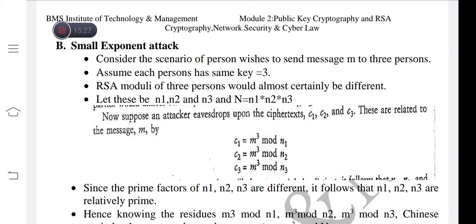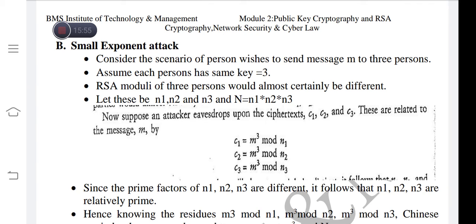If we consider the Chinese remainder theorem, now let us suppose an attacker eavesdrops upon the ciphertext. I have the three ciphertexts C1, C2, C3, and these are related to the message M. I can relate these ciphertexts with the message M and the modulus value available with the three persons.